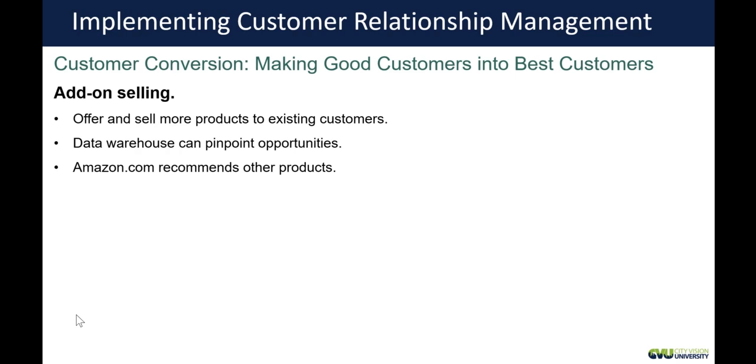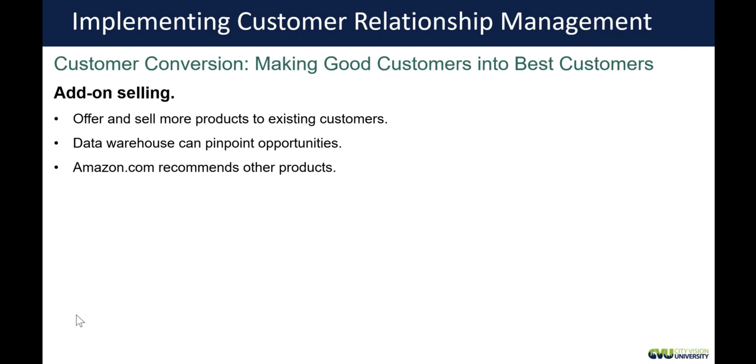So as we go through this, the other side is the key here again, right? We want to move our customers from the bottom of the pyramid to the top. We want to make our good customers into best customers. One of the keys to doing that is add-on selling, right? If we can offer and sell more products to you, that makes you a better customer.